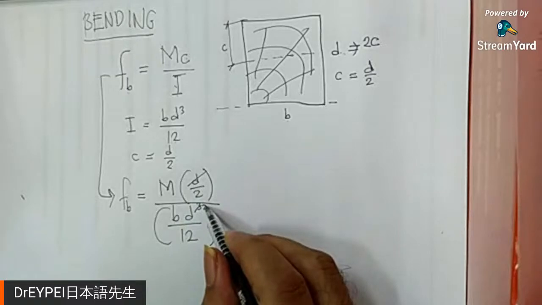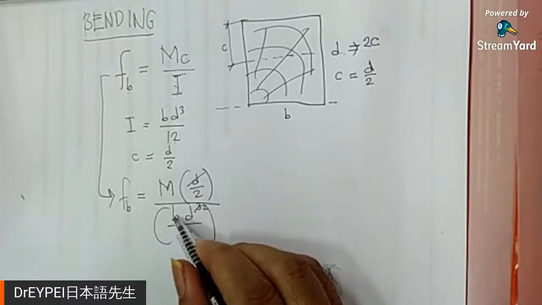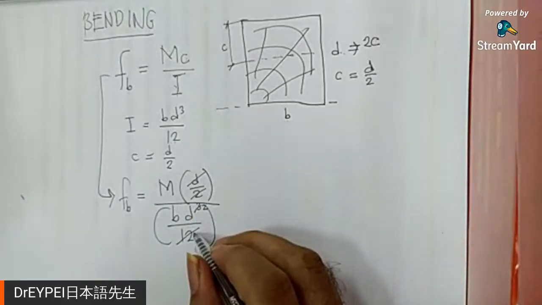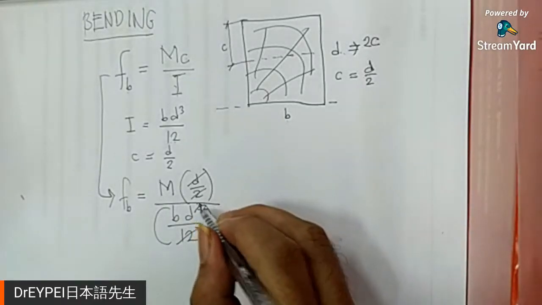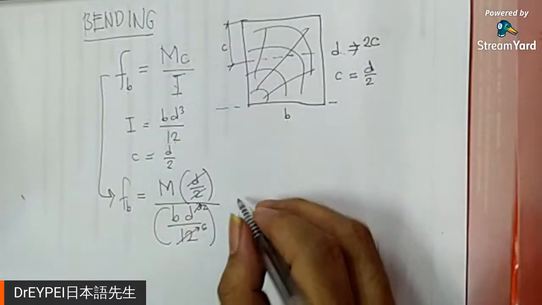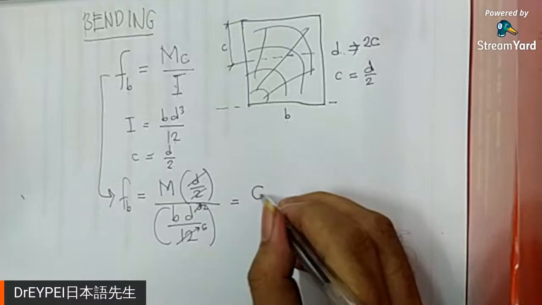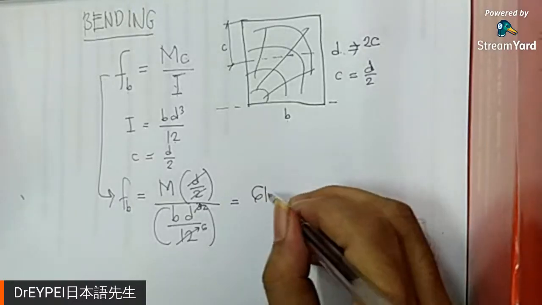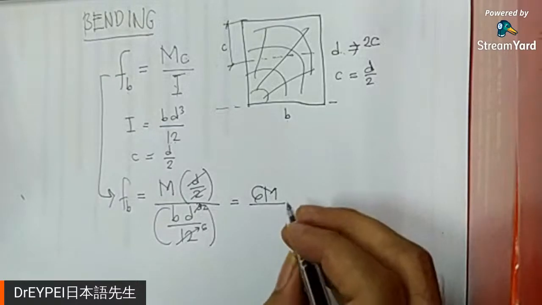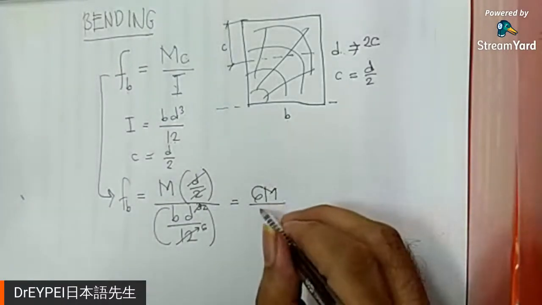So we'll have left with 2 D's. Retain the B and cancel out 2. This will result in what? This will result in 6. Okay? And therefore, our stress formula could be written in this way.